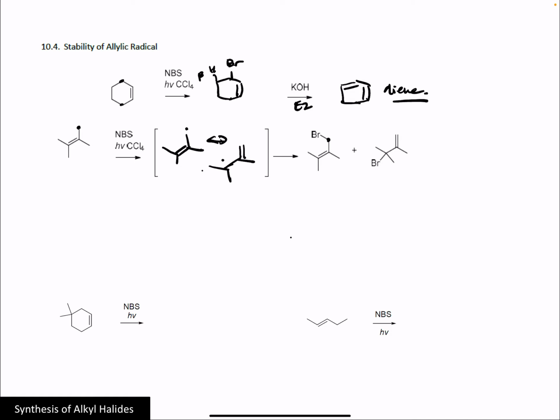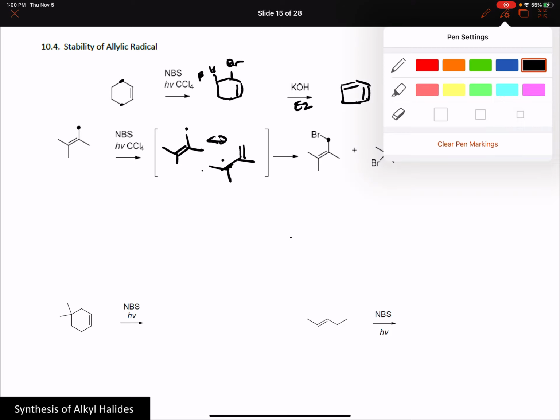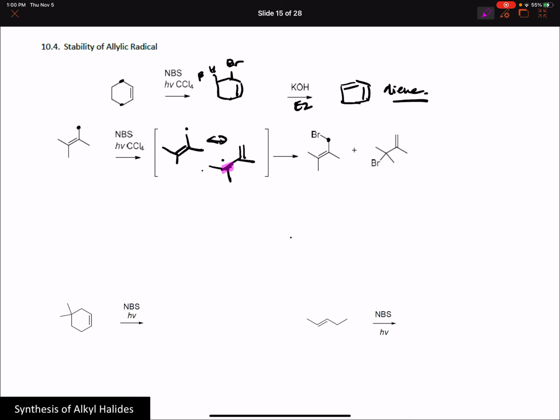If you do addition to this position, you get this product. If you add to this position, you get this product. Remember, resonance describes one thing with two structures, so it's going to behave as if there's a radical here and here.